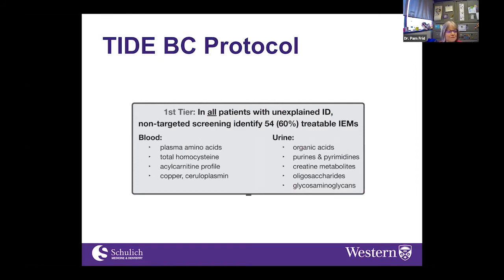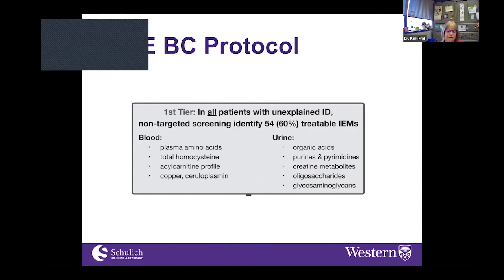It was developed as a pilot and put out, and the pediatricians in British Columbia were all told that you should do tier 1 investigations in people presenting with severe delays. And then if they fail tier 1, you should do tier 2. And this is what tier 1 involved, which was a lot of investigation.